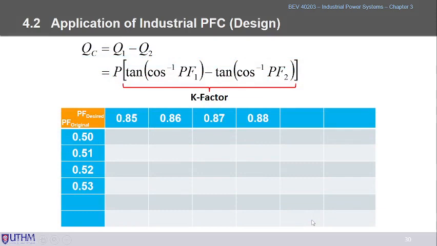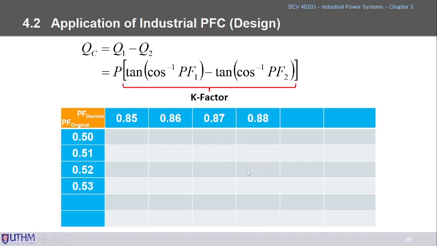Okay, in commercial calculation, normally we don't ask the engineer to calculate one by one. Of course, they will utilize a table like this one. They say this is your plant's original power factor, and this is your desired power factor. Let's say you correct from 0.52 to 0.88. How much Q do you require?